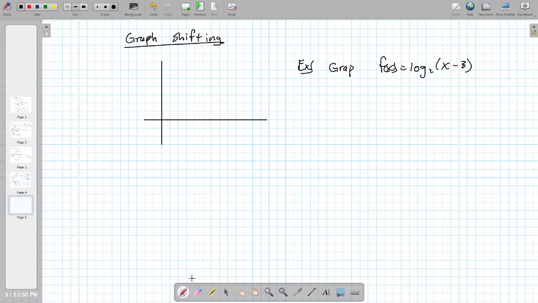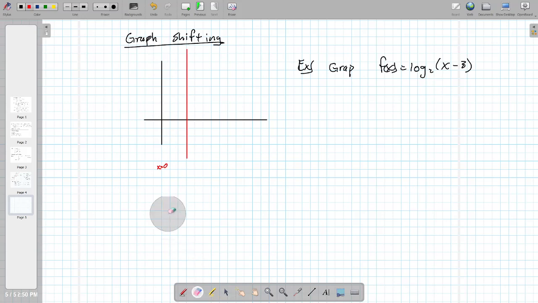Now remember, in an exponential function, we have a horizontal asymptote. So for a logarithmic function, we have a vertical asymptote. This would be our vertical asymptote at x equals 0, for just log base a of x. But here, we're shifting 3 units to the right. So we need to shift our vertical asymptote 3 units. 1, 2, 3.